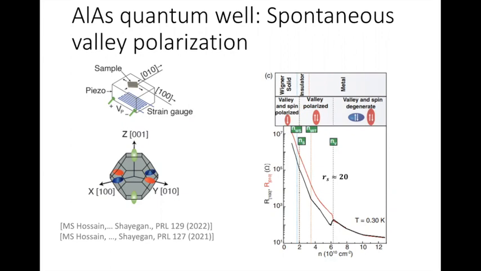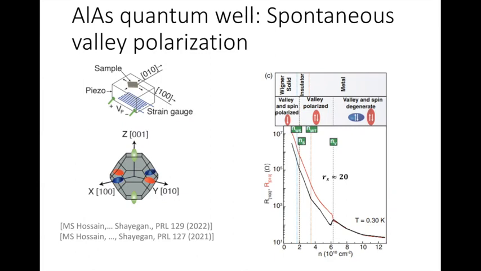You just look at the resistance in the X and Y directions as a function of strain. And what's plotted here is the resistance in these two directions. You see that it's isotropic up to this value of density, which corresponds to rs of around 20. And then you see this jump in the anisotropy. They interpret this as being valley polarization, actually full valley polarization.